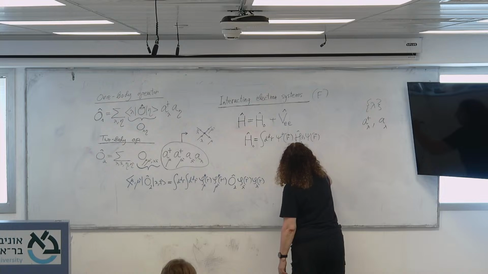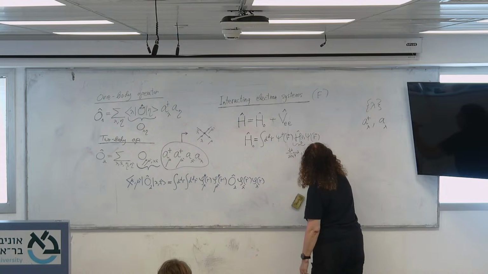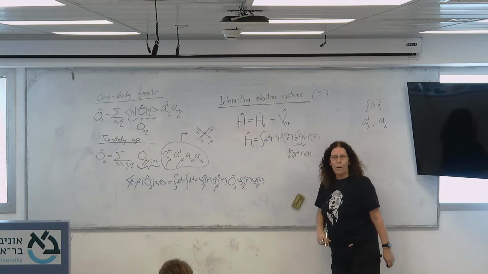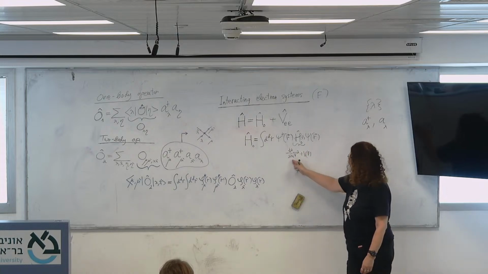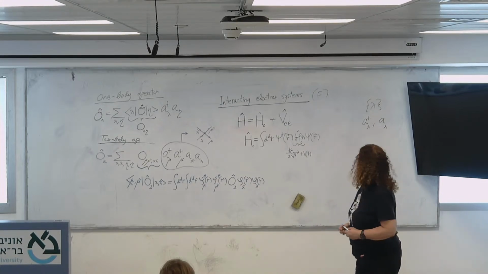If I'm thinking of non-relativistic electrons, it's just the usual Hamiltonian of a single particle: a kinetic energy plus some potential.